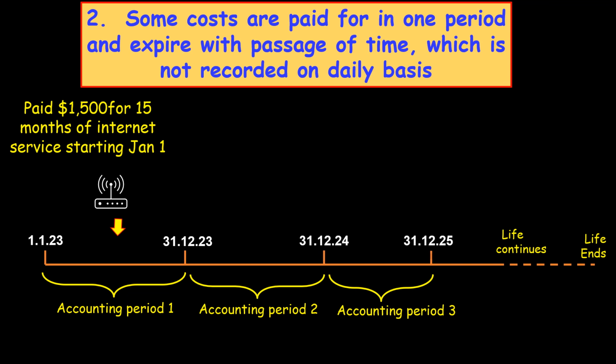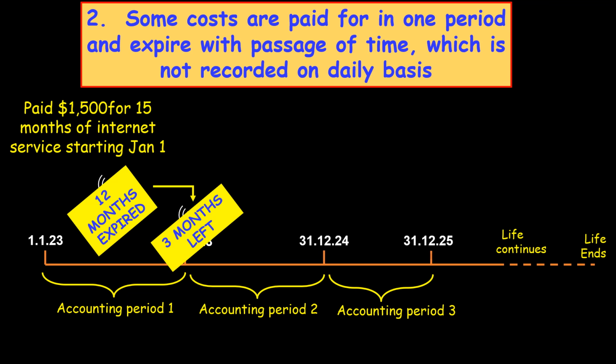When it starts using that in January, the accountant again will not, at the end of each day of January, determine how much of the internet is used and therefore update the accounting record. This doesn't happen. Rather, the accountant will wait until the end of the period to determine how much was used and how much is left, so how much time has expired for the internet service.